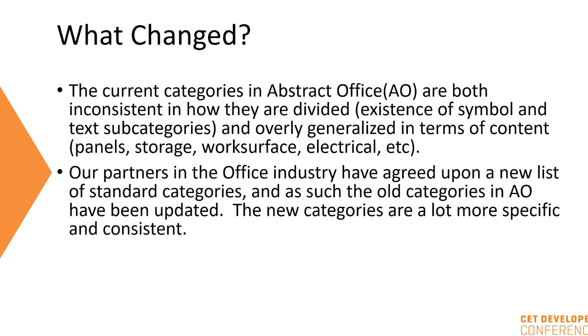And these changes have been made with our partners in the office industry, specifically the F5, which is just a group of 5 major office furniture manufacturers who are tasked with establishing standards for extensions in that industry. The list was made mostly from them and has been implemented by us.